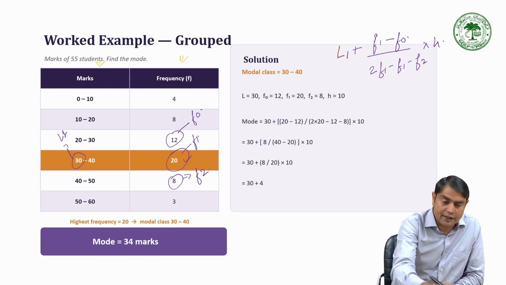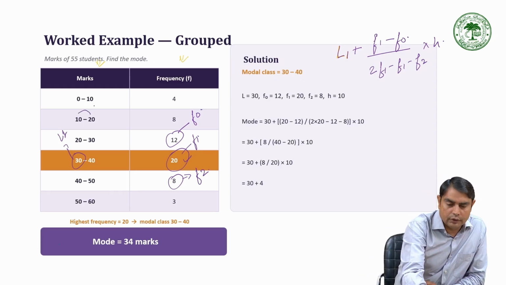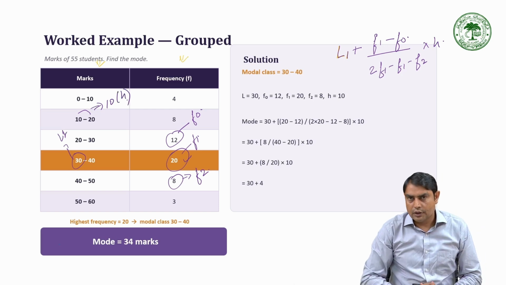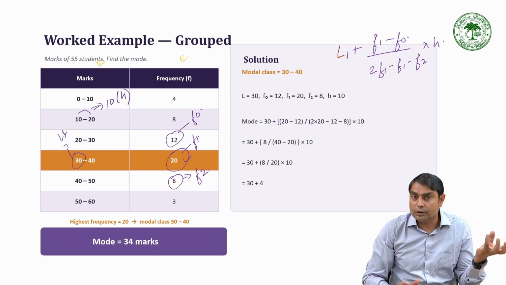And what is H? The difference between the two. This is 10, my H. Now simply you need to put the values in the formula to get the final answer.